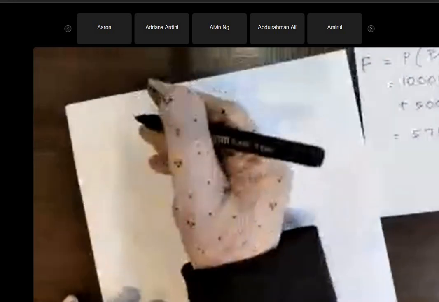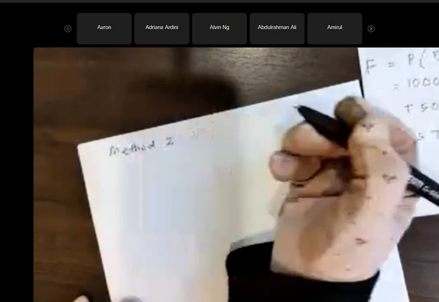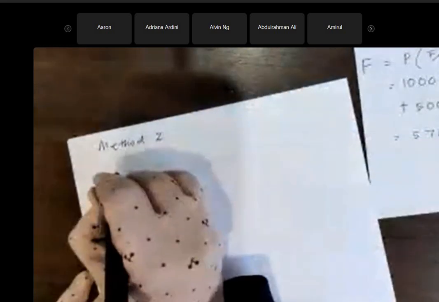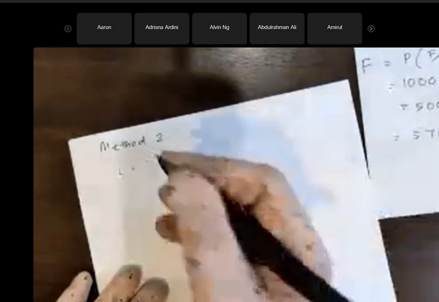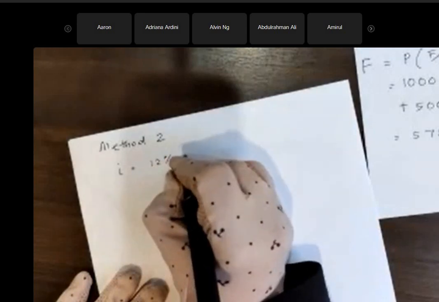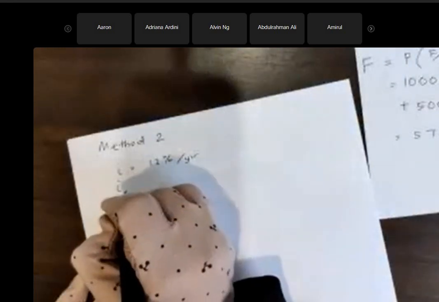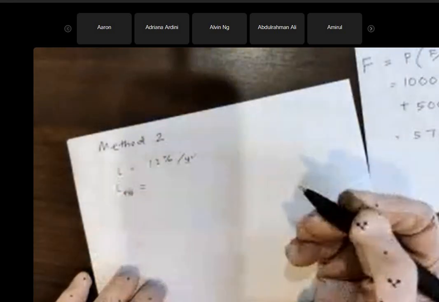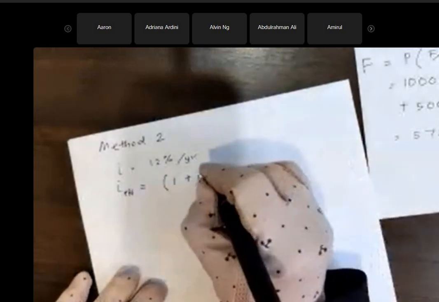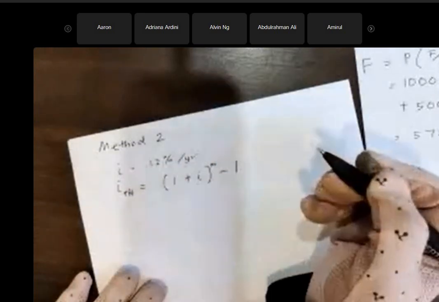Okay, now we go to the I effective. The method is by using the I effective. The normal I, the nominal interest, is 12% per year. So I effective is equal to 1 plus I, this is the formula, power of M, minus 1.